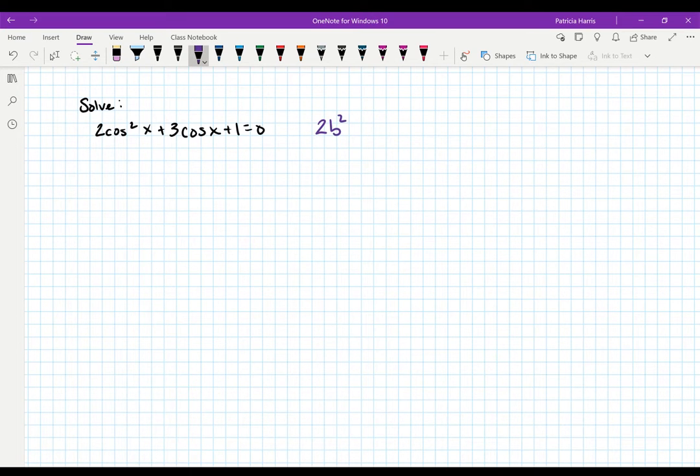You can use any letter you want to. You don't have to use the letter U like that. Okay, so you think about how you would factor this, and you're letting b equal cosine x.